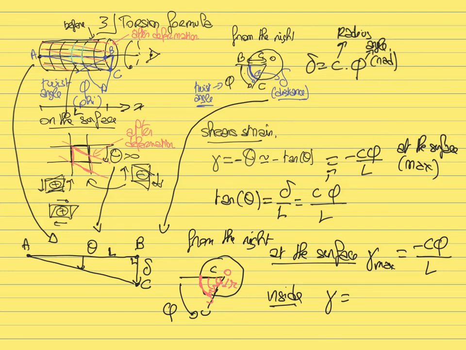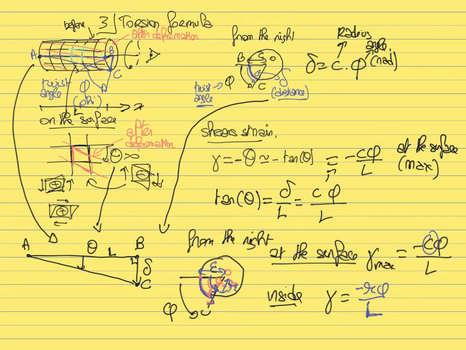If I want the shear strain somewhere inside this beam at a distance R from the center, all I need to do is to replace C by the distance R, but the expression otherwise remains the same.